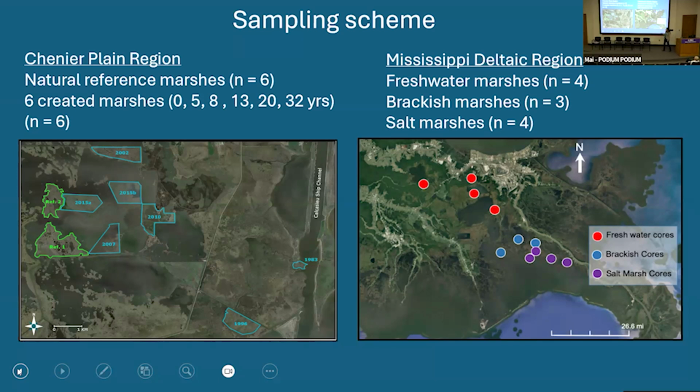The created marshes we chose were located in western Louisiana in the Cheniere Plain, and that's because this is a hotspot for marsh creation, and there's a really nice chronosequence of created marshes from marshes that were recently constructed to ones that are decades old. We also looked at natural reference marshes essentially right next to these created marshes.